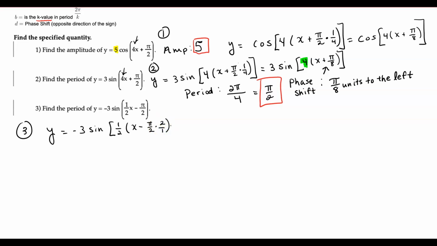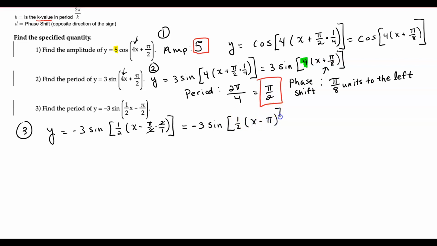Okay, I always tell my students when dividing fractions, always remember to KFC. All right, and so what ends up happening here is these 2's cross out, and our phase shift is a little bit more apparent and obvious. Okay, so our new function, well, it's not our new function, it's the same one, it's just reimagined, is -3 sine, and then in a square bracket 1/2 of x minus pi.